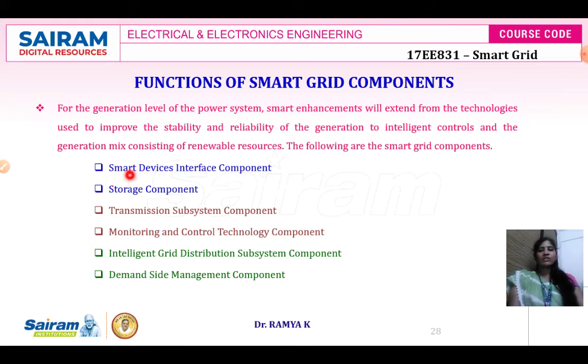The smart device interface component is nothing but smart meters. So we will be using a smart meter. What is the necessity of using this smart device interface component? It is in order to record the operational data, to monitor the system, and to monitor the control part of the smart grid.